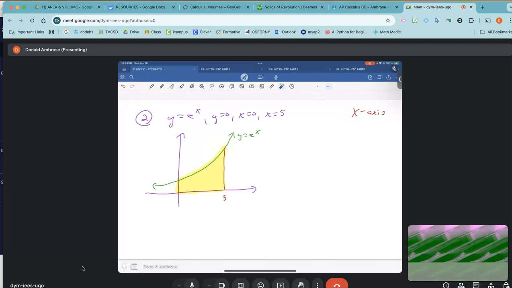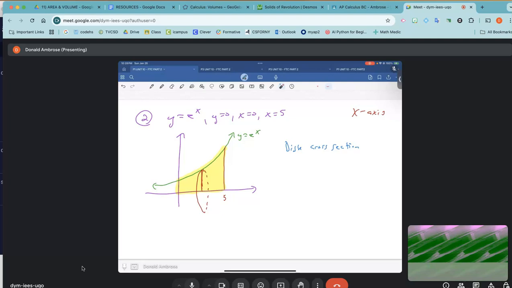Some people, to help visualize things, may just draw one cross-section in the region, and perhaps then draw their circular disc cross-section there. Again, for some people that helps to see and visualize things, but just like the last problem, here we have a full-on disc cross-section.